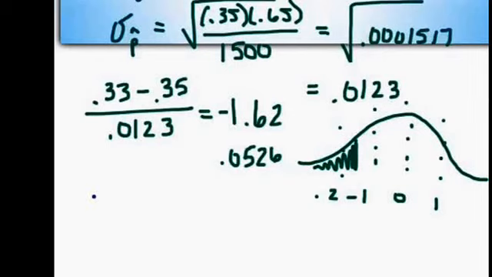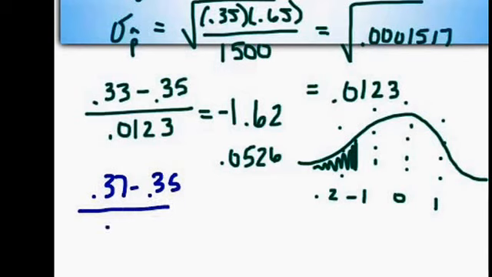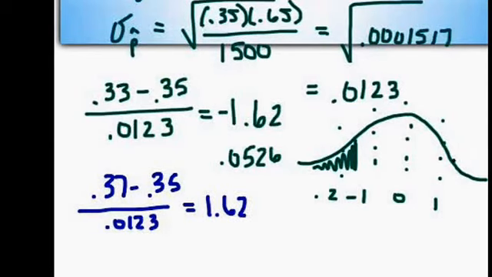And now when I do 0.37 minus 0.35 over still the standard deviation is the same, I get 1.62, which is somewhere over here.